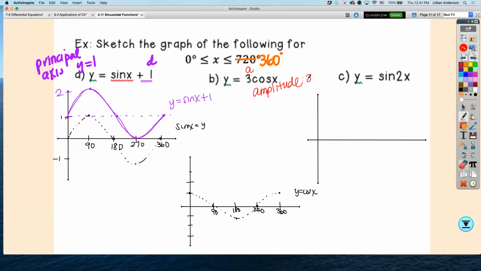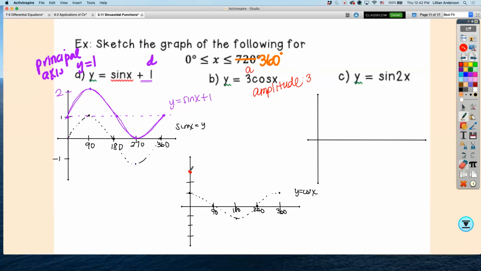So now my maximum point that was originally at 0, 1 will now be at 0, 3, because I would multiply it to all of my y values. I'll say that again. Vertical stretches affect your y coordinates through multiplication. You multiply your y coordinates by the a value to get that vertical stretch.